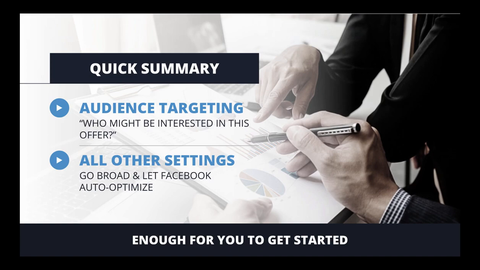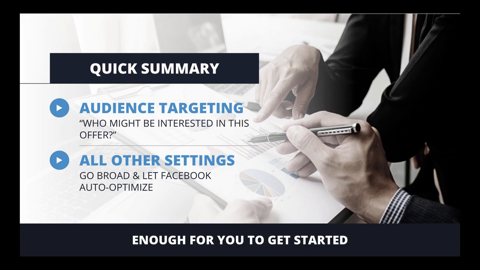So just a quick summary here. For audience targeting, you just want to be thinking about who's interested in this offer. And if you don't have lookalike audience data to upload, then do some basic interest targeting as far as who might be interested and put in those interests. So for all the other settings, generally speaking, it's a good idea to go broad and to let Facebook auto optimize.